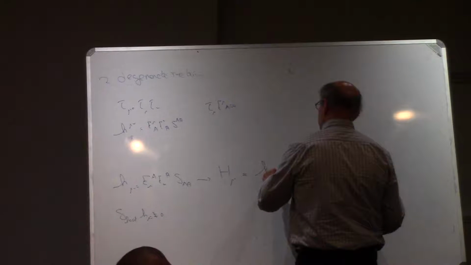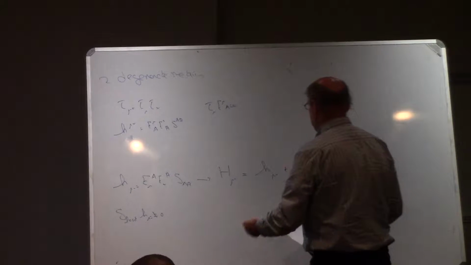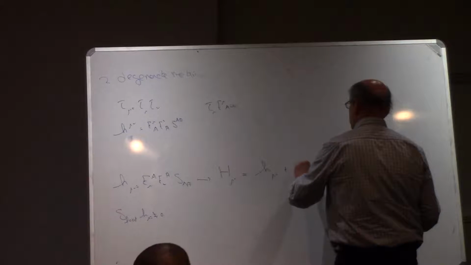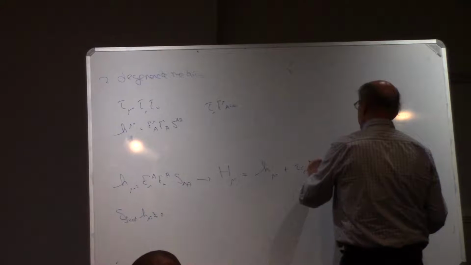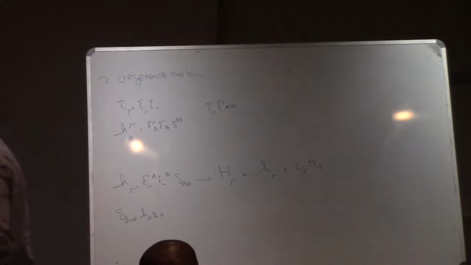It is the combination of this H mu nu. And now I use this extra M field, this central charge gauge field. I add here a combination, tau mu M nu. Because remember, the M also transforms under boost, and if you do it in a clever way, the fact that this first term is not invariant to the boost is cancelled by the boost variation of this M. So this is boost invariant.